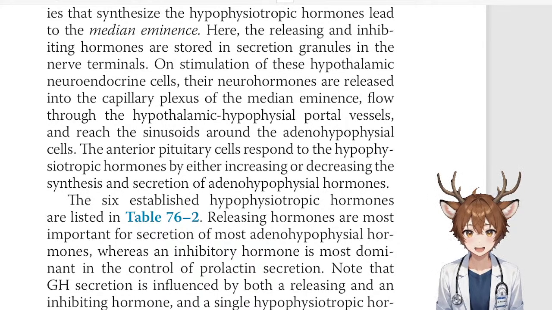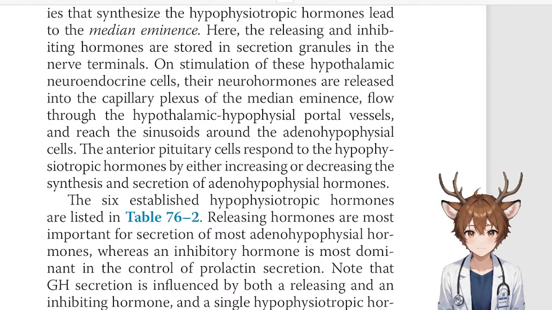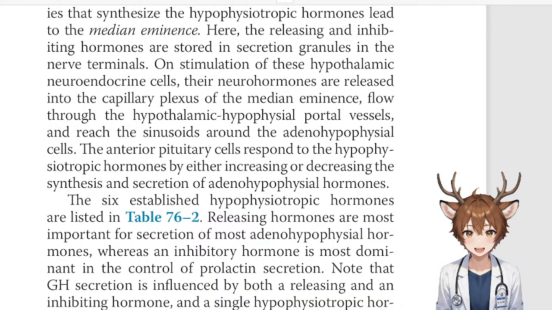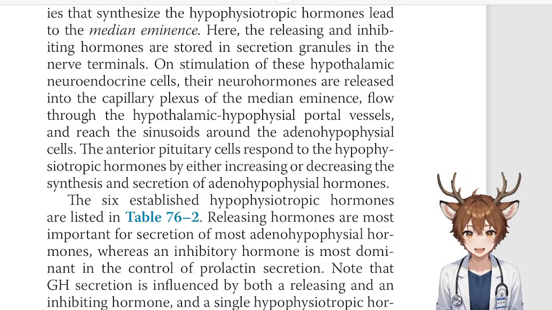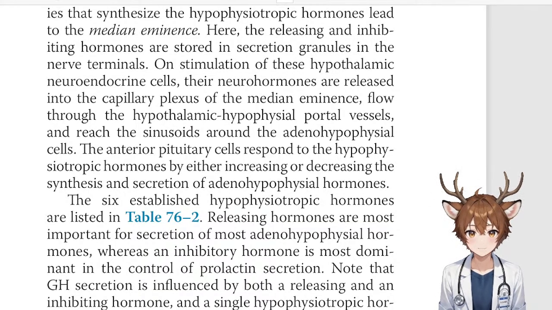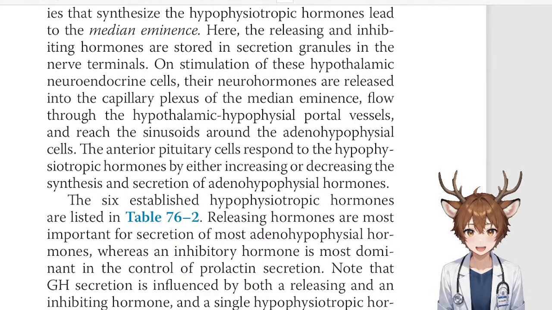It is largely stimulatory, but there is a counterexample of dopamine. Dopamine inhibits the production of prolactin. That is one of the exceptions where it's actually an inhibitory factor. But most of these hormones from the hypothalamus are in fact stimulatory.